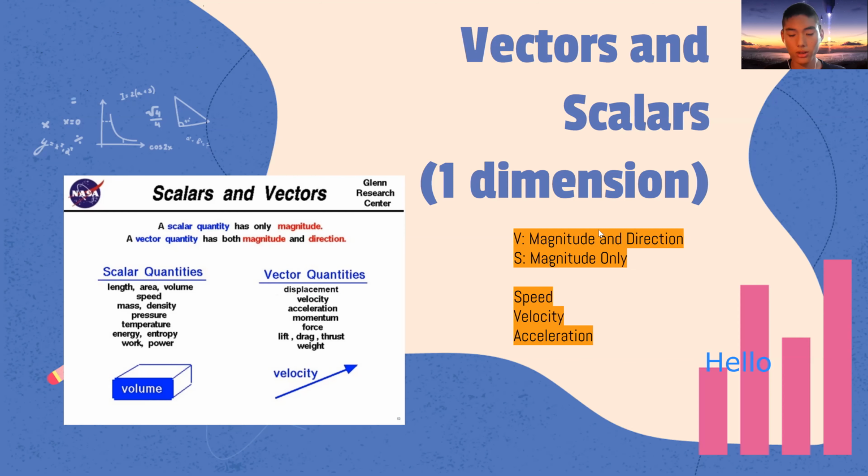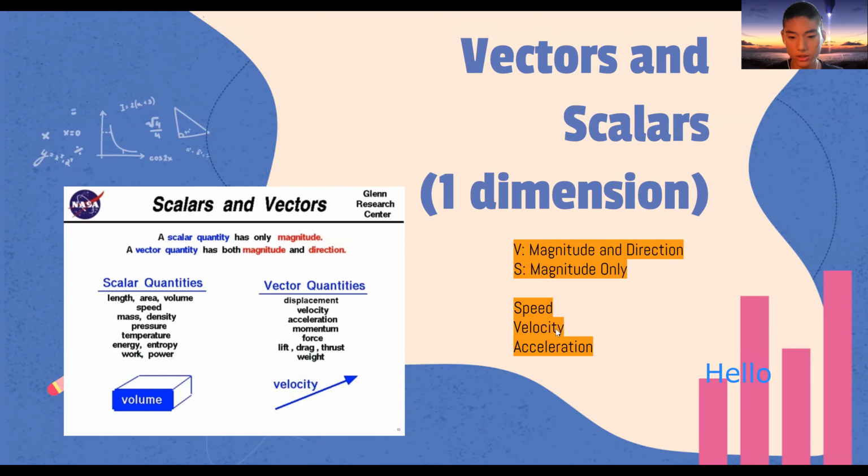All right, so after that analogy, let's talk more about physics terms. What you need to know for AP Physics 1 is mostly speed, velocity, and acceleration for the beginning. The diagram on the left, the NASA diagram, has different terms, but those terms will be discussed later in this course, and some of them might not be discussed because this course is only covering 3 units.